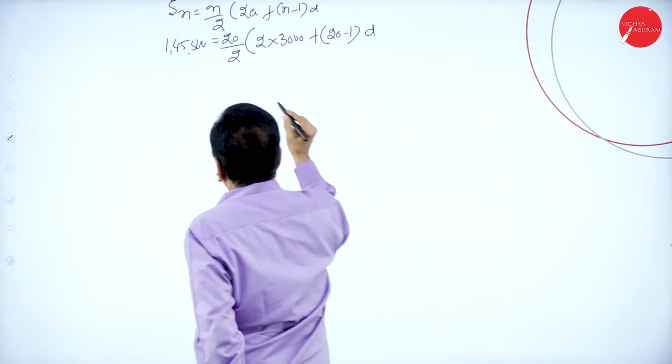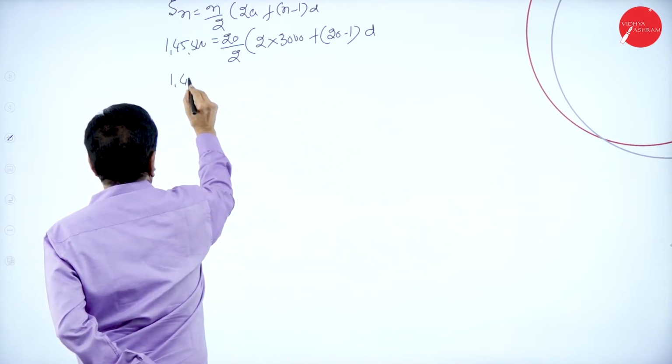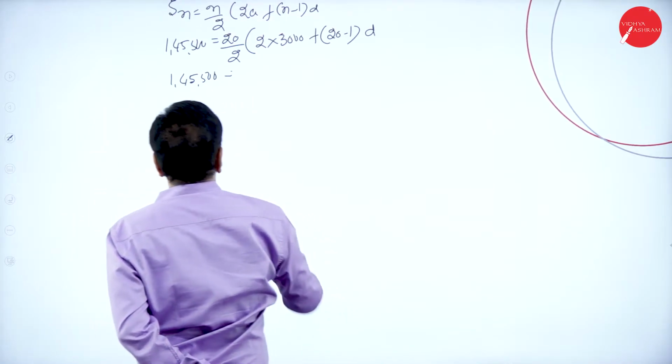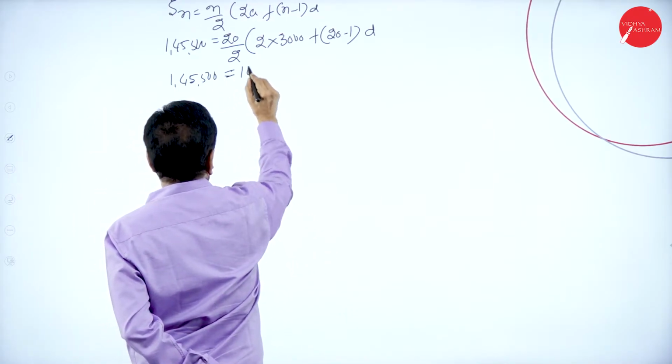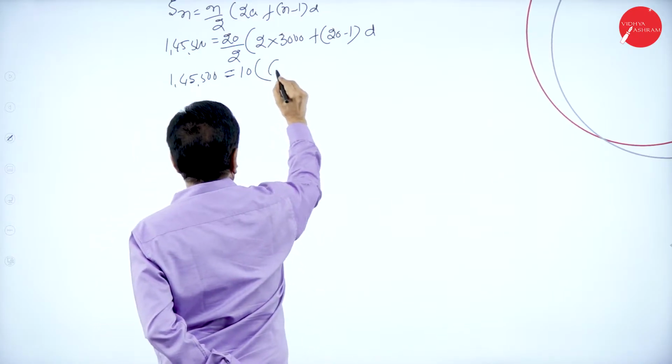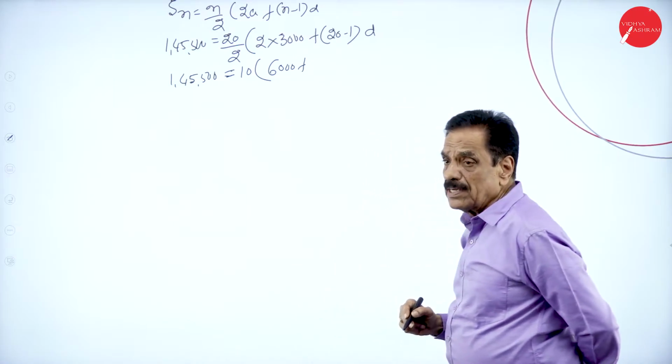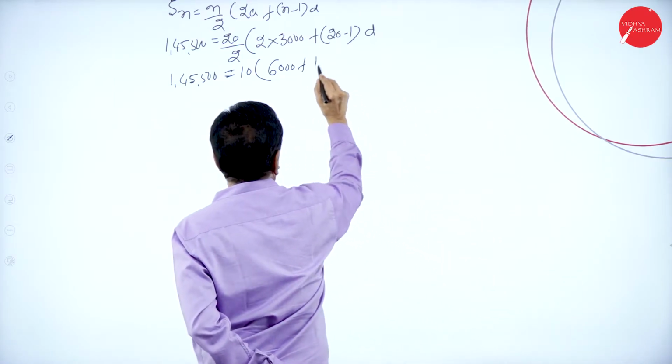Simplify. 1,45,500 is 10 into 6,000, plus 20 minus 1 is 19 into D, 19D.